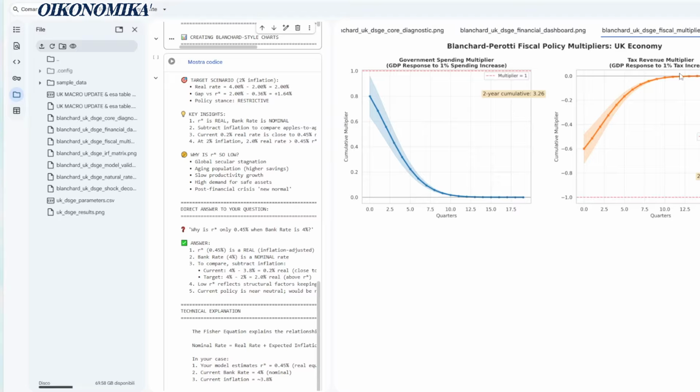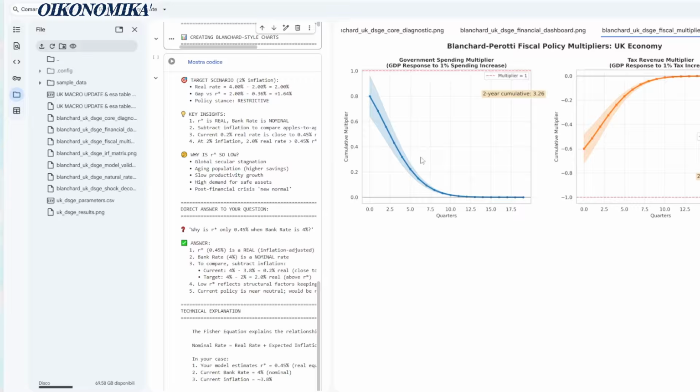But at the same time, you have the tax revenue multiplier. If you increase tax by 1%, it has a negative factor of minus 2.44. So the net effect is minimal on a 2-year horizon.